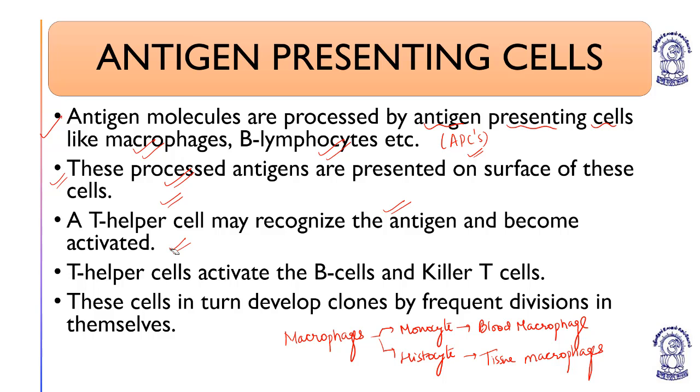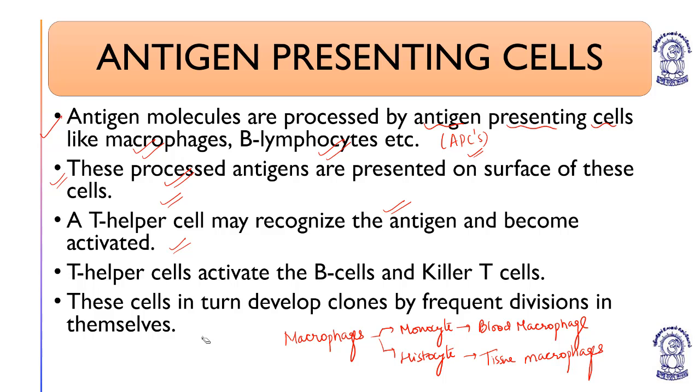So a T helper cell, on recognizing the antigen present on the antigen presenting cell, becomes activated. Antigen presenting cells can engulf antigen and present a particular fragment or part to the T helper cells. Okay, so that is why they are known as antigen presenting cells, and they help to present antigen to the T helper cells.